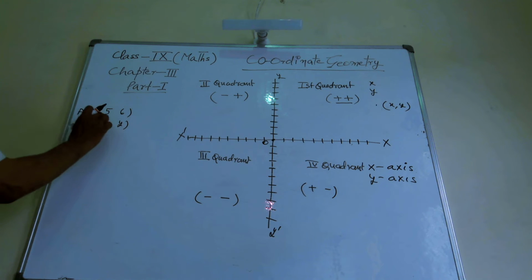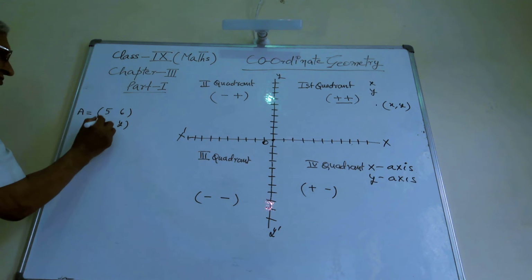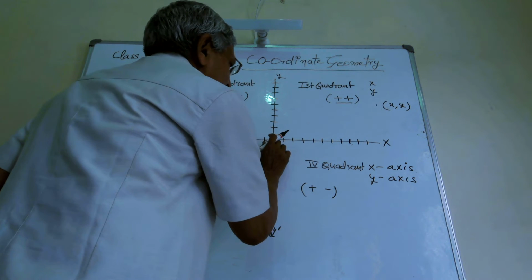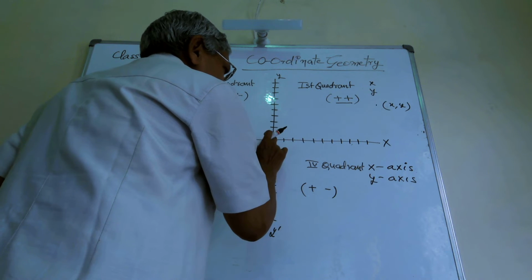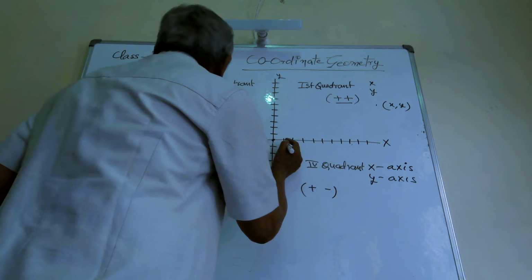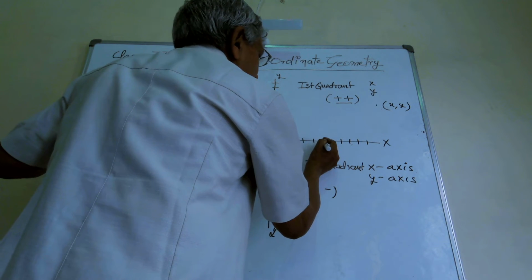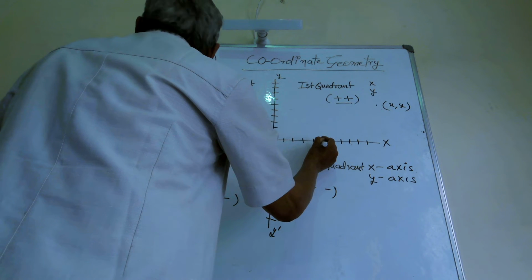Now we have to find the position of A. (5, 6) means x is 5, y is equal to 6. I already said that you have to move from O. X is 5: 1, 2, 3, 4, 5. Stand here. Now the position of y is equal to 6.